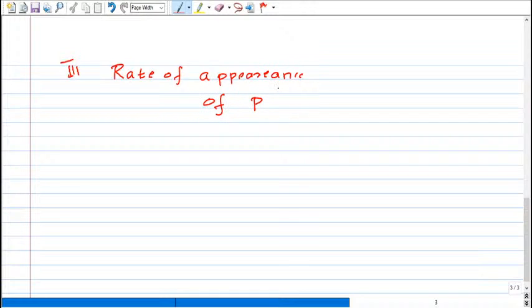So I can say this one as dP by dt. I can also say it is delta P by delta t. So it is given in plus. You know why we are giving plus? Because in the product the concentration will be going on increasing. That is the reason we are giving the plus symbol.